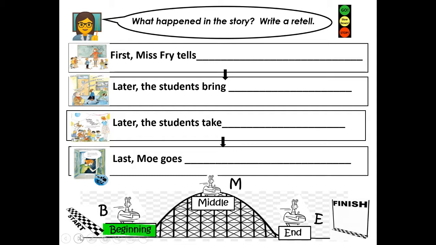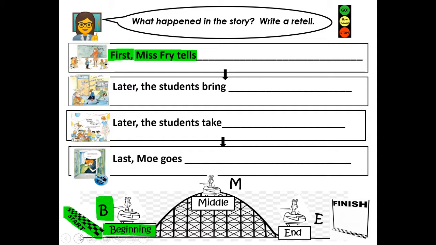So we're going to start at the beginning of the retell, or start, and we're going to say first, look closely at the picture. First, Miss Fry tells, what does she do? So what I want you to do is write this green sentence stem. First, Miss Fry tells, and then finish that sentence.